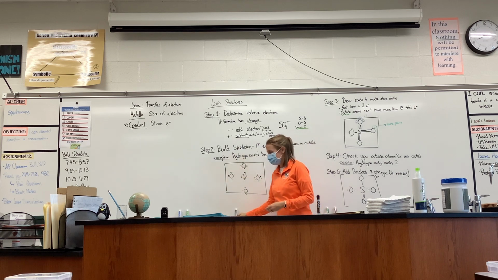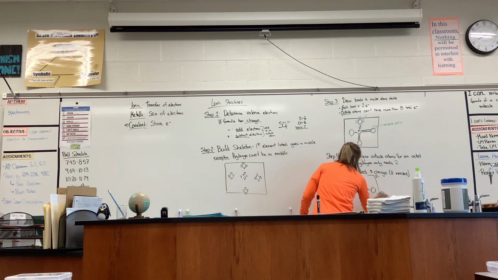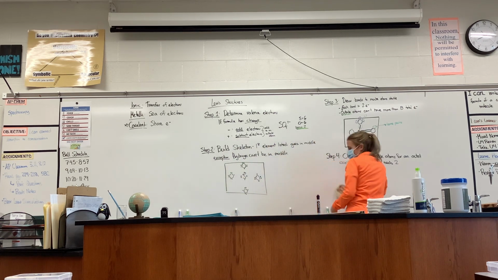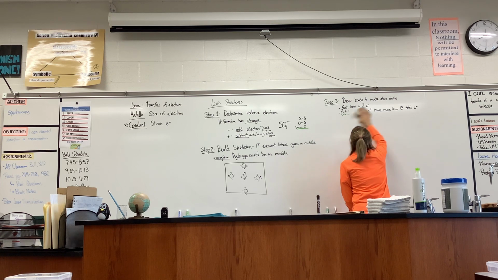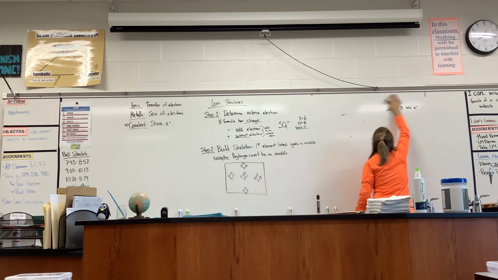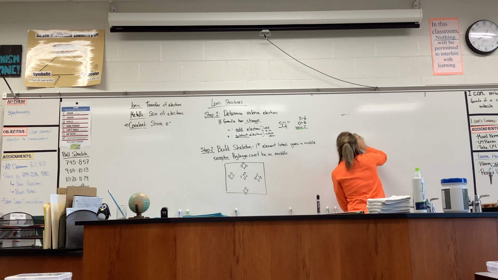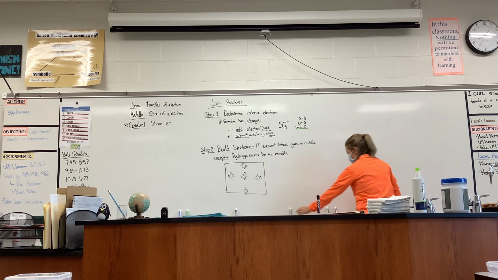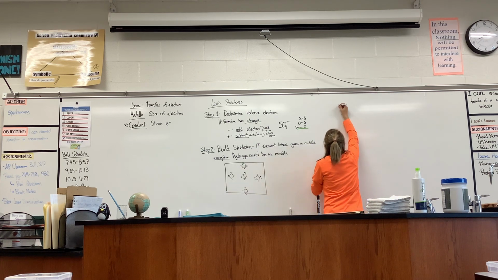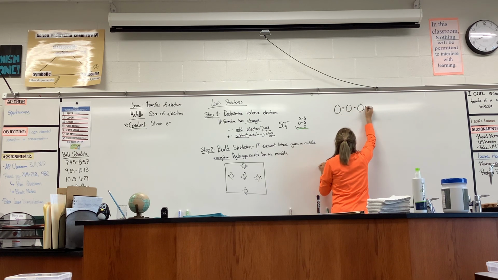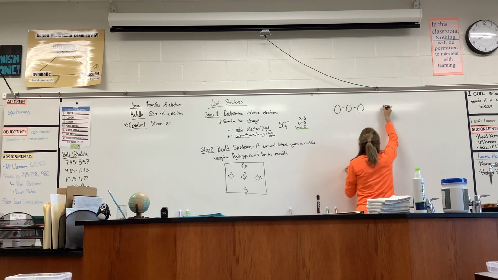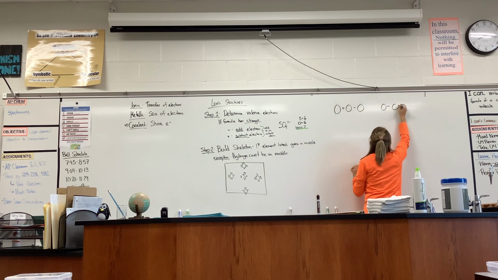Everyone got the rules down? Okay. So you have another example, I think already, of ozone, O3. After drawing it, some people would end up with a picture like this, and others would end up with a picture like this.